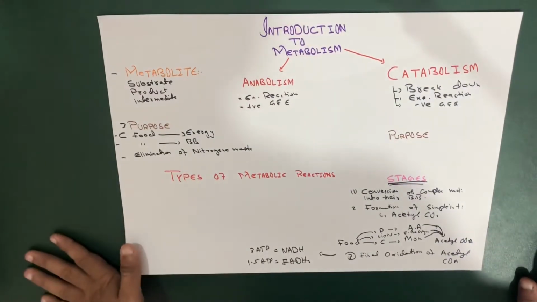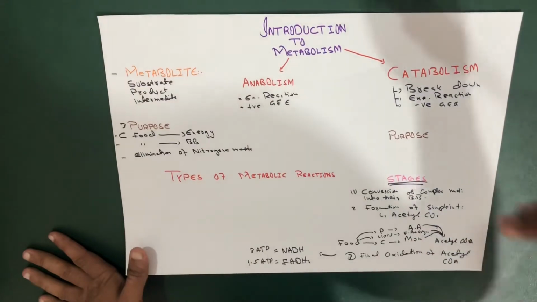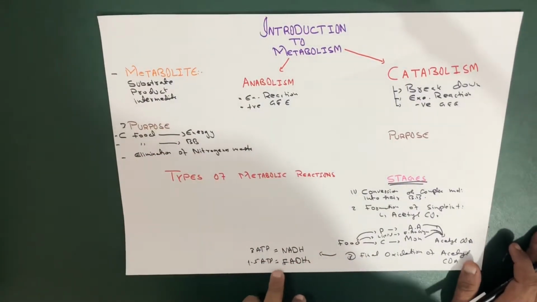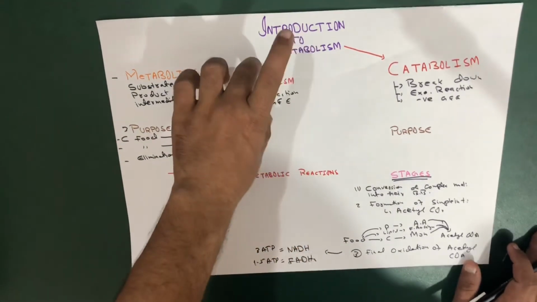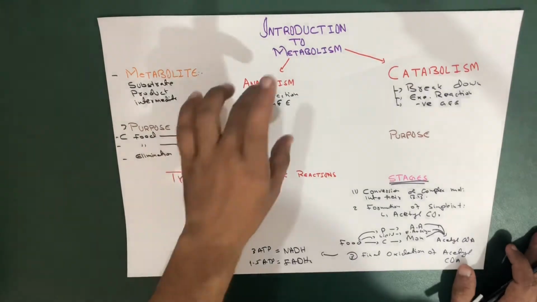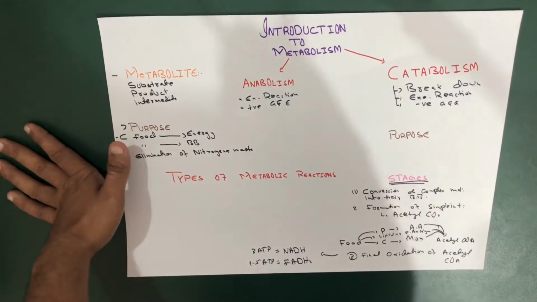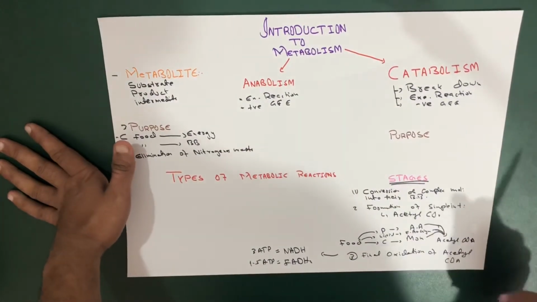These depend on energy. The energy we got from catabolism in the form of NADH and FADH2 can be used in anabolism, because anabolism is an endergonic reaction, which means it needs energy. But catabolism does not need energy. It's very spontaneous and releases energy.